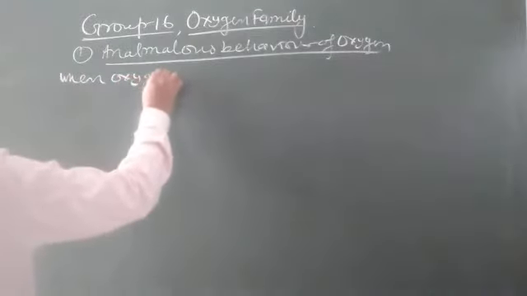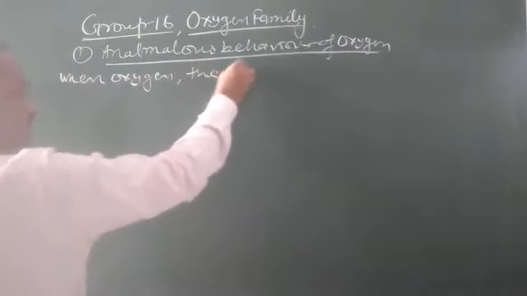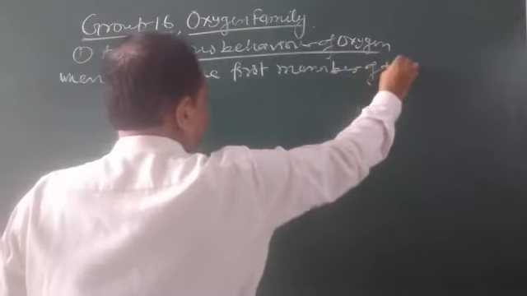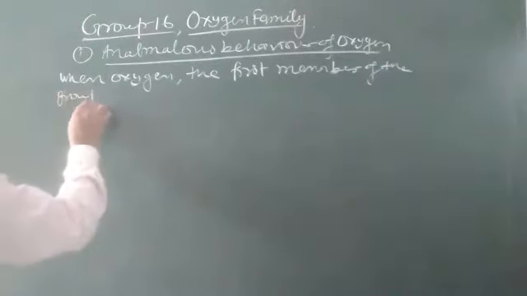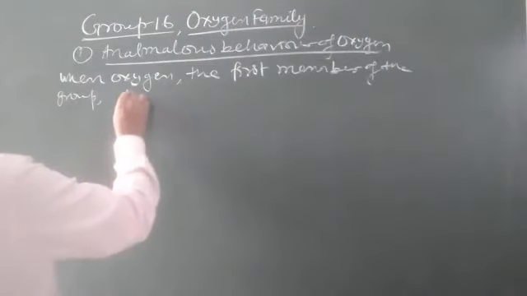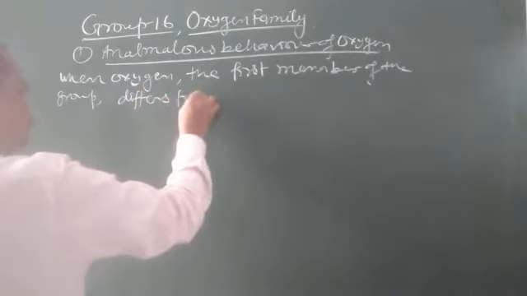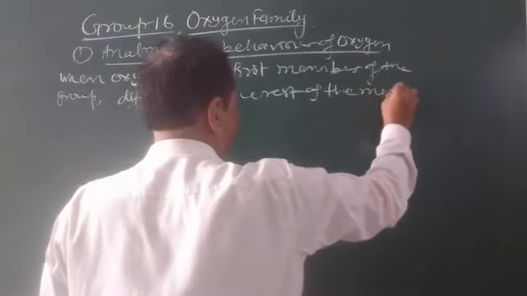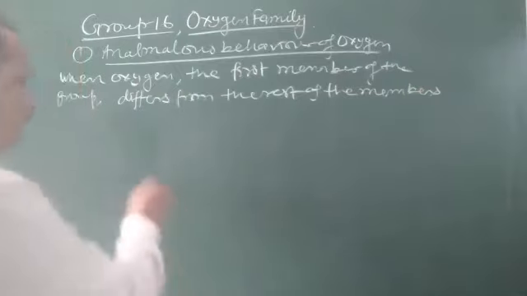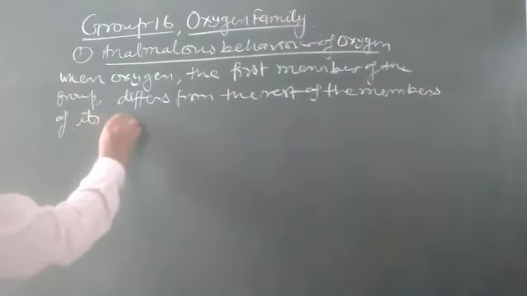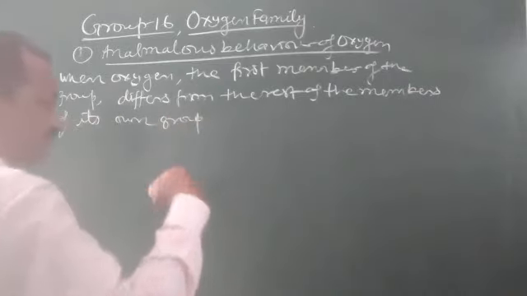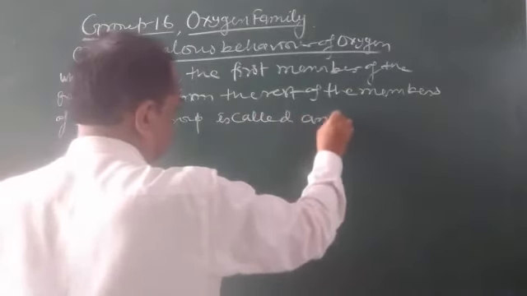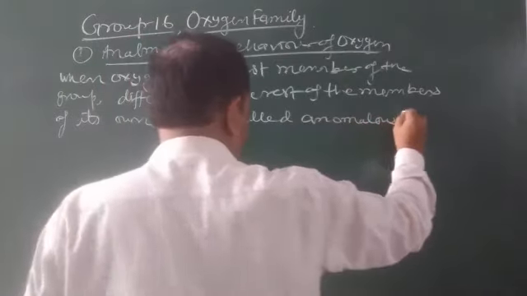oxygen, the first member of the group, differs from the rest of the members of its own group, it is called anomalous behavior.